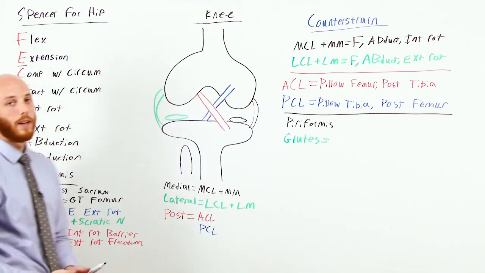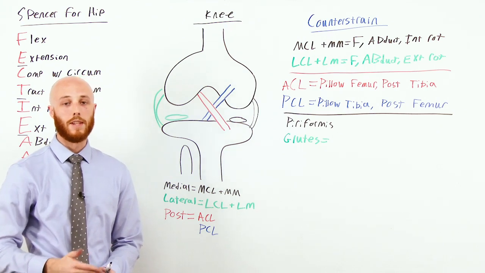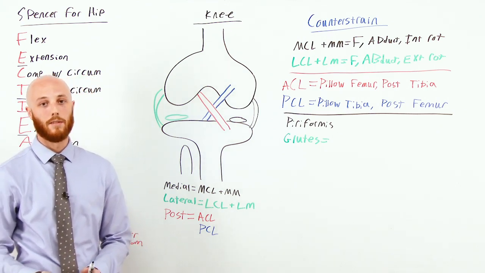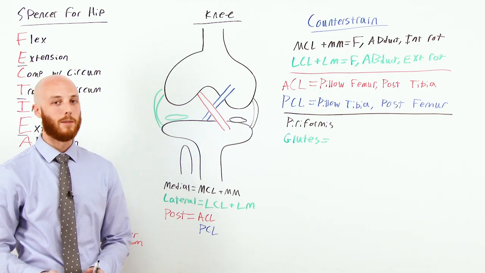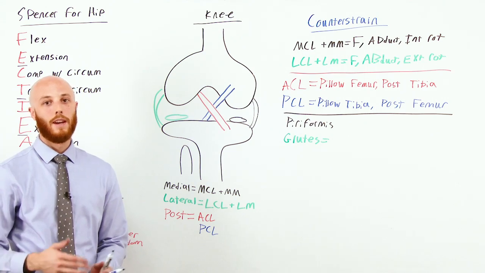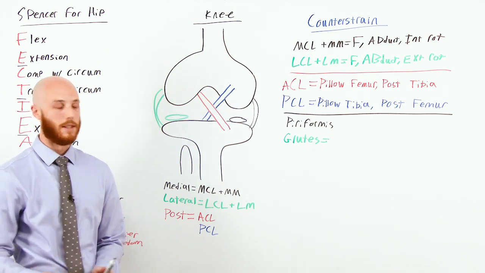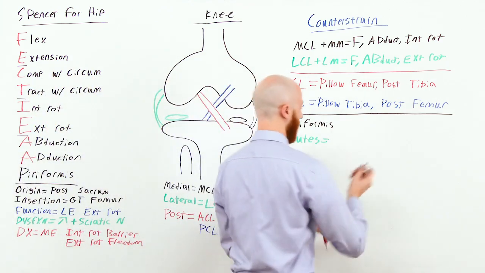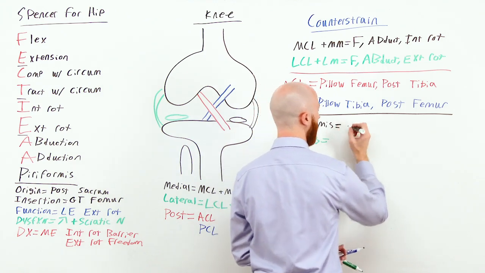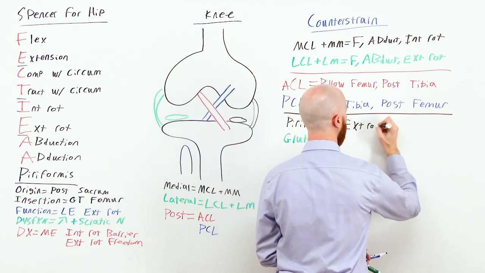If you find a tender point and you want to treat it with counterstrain, you just have to put it into the position of ease, or what it can do, which we already discussed. The piriformis externally rotates. So you are going to externally rotate the lower extremity to do the counterstrain position. So for piriformis, your primary motion is going to be externally rotating.